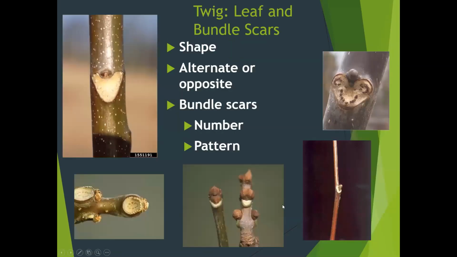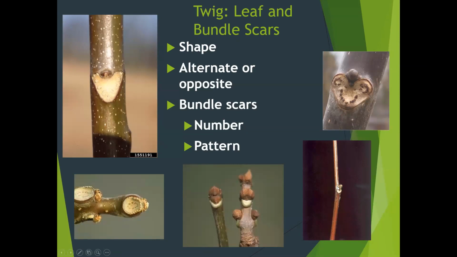Twigs, leaf scars, and bundle scars really make a difference. At first glance, a lot of these buds look pretty similar until you look more closely. There's a circular leaf scar here, a shield-shaped one here, a U-shaped one, and then the pattern of the bundle scars is very different. This one is sort of a heart shape, and they all have very distinct patterns.